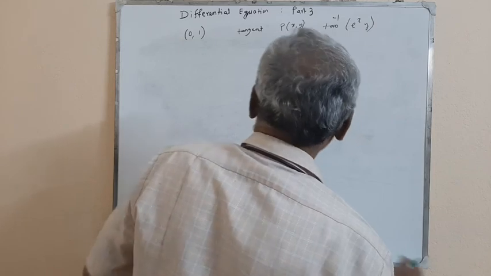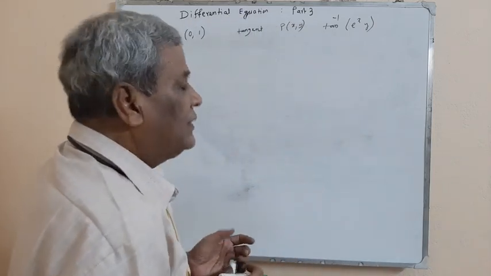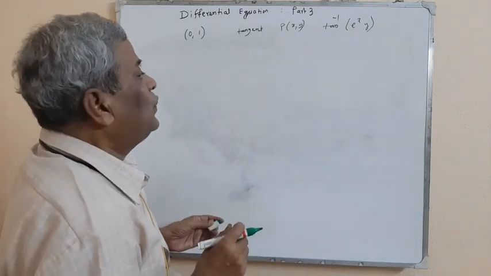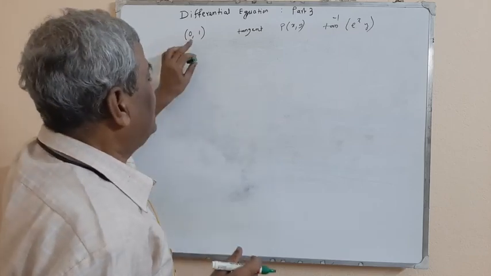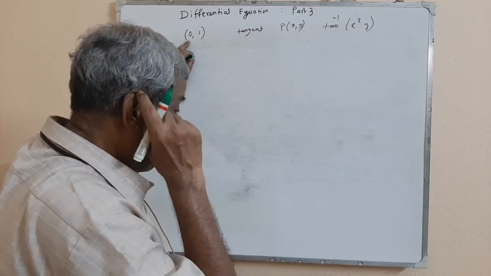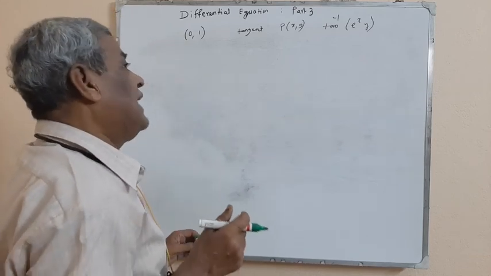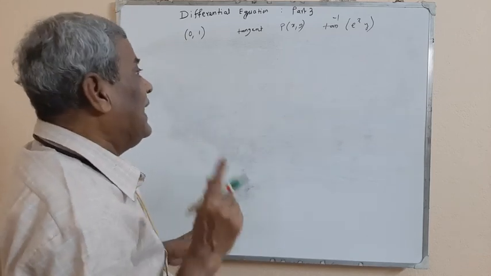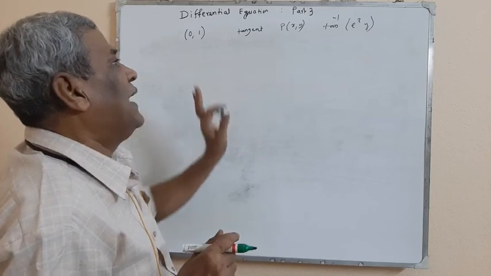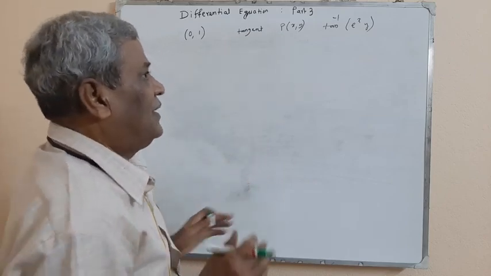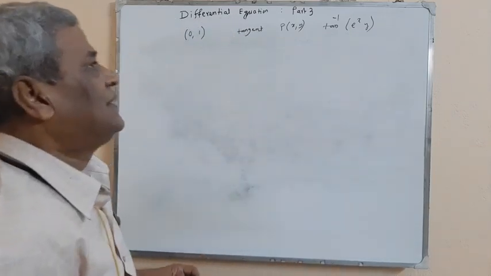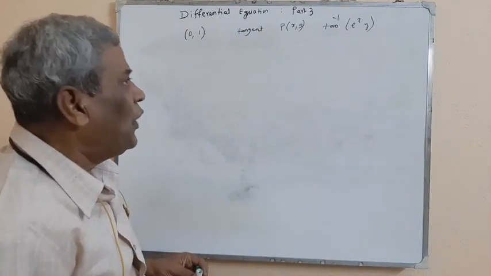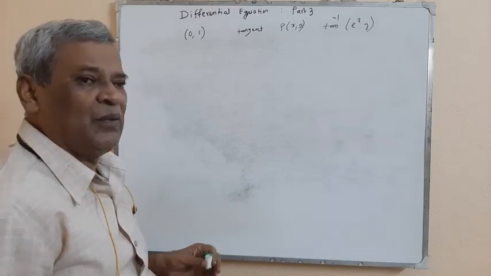So the problem is, you have to find the equation of a curve. The curve passes through 0, 1 and such that at any point P of the curve, its tangent makes this angle with the x-axis.